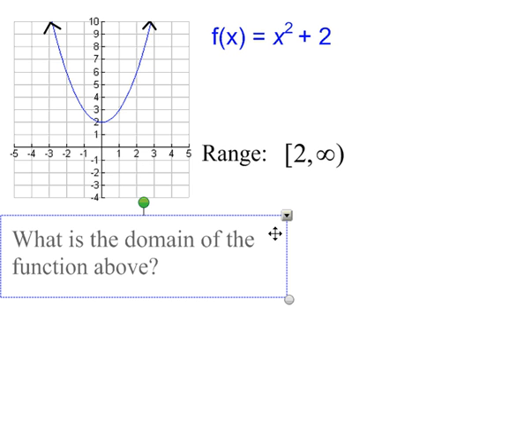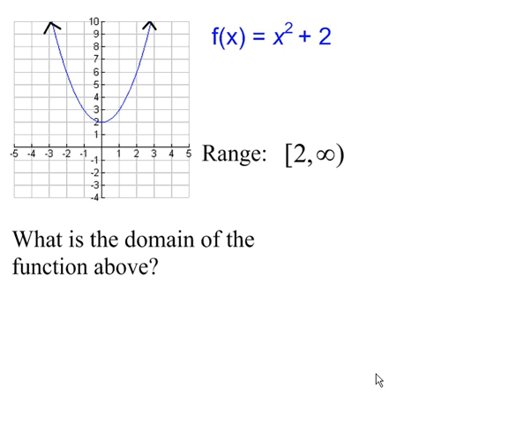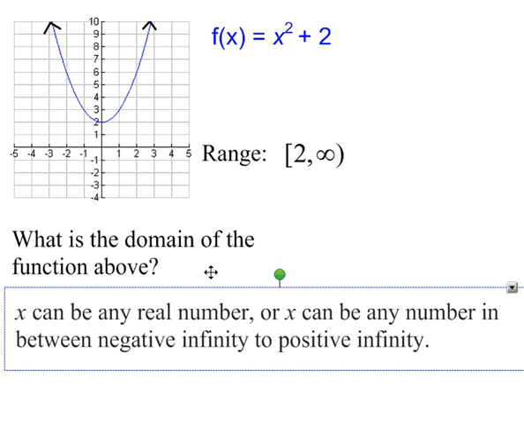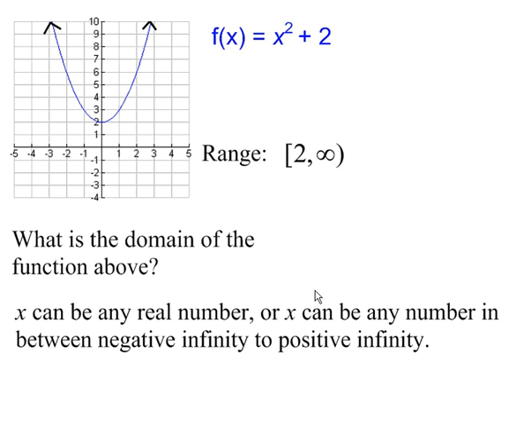Let's think about what is the domain of the function above. If you recall, your domain is your x values. So x can be any real number according to this graph. Another way to say that is that x can be any number in between negative infinity to positive infinity.